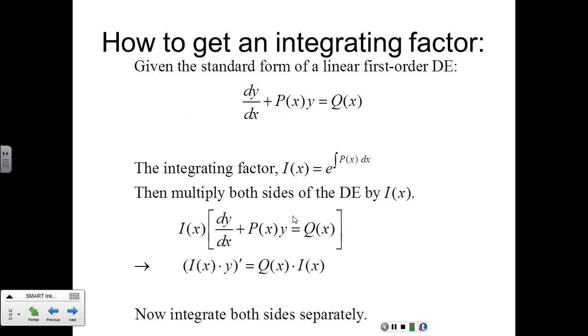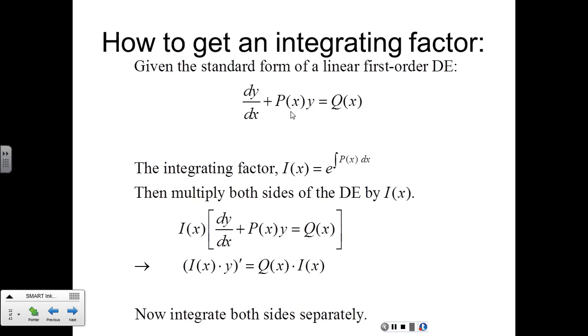How to get an integrating factor. This is a very important part of the lesson right here. Given the standard form of the linear first order DE, that's what we said a minute ago, the integrating factor is e to the power of the integral of p of x. Whatever this function is in front of y, you're going to integrate that.